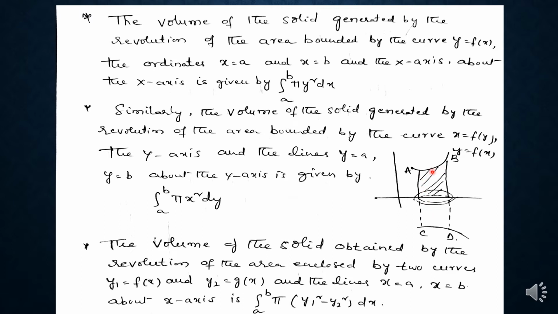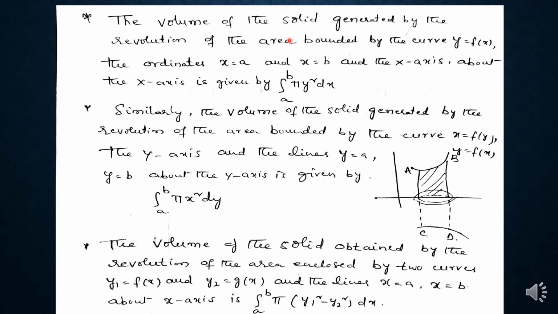We can find the volume of such a solid by using the formula integral a to b pi y square dx. Integral a to b means here a and b are the x limits, pi into y square dx. Y is the given curve. So by using this formula, we can find the volume of such a solid.